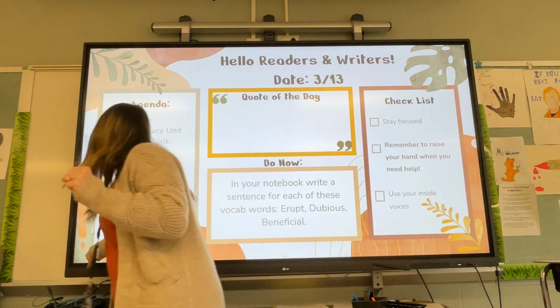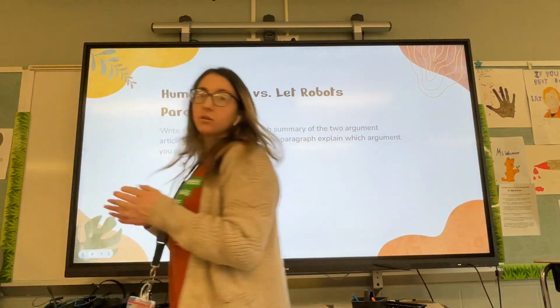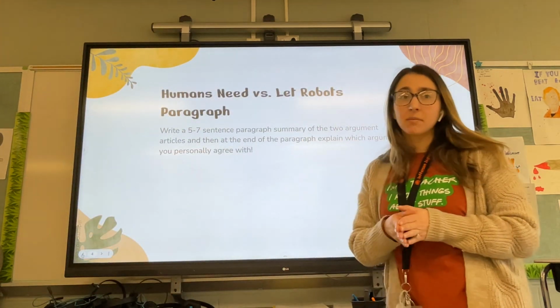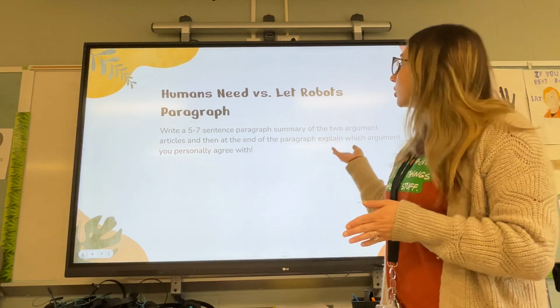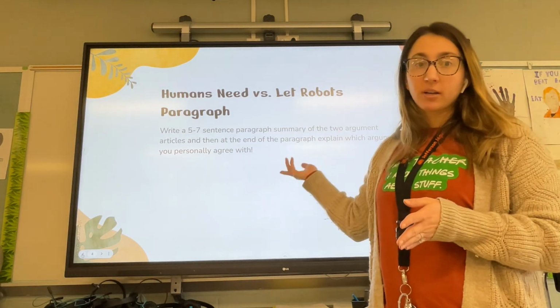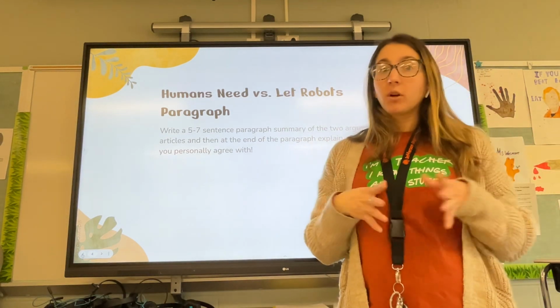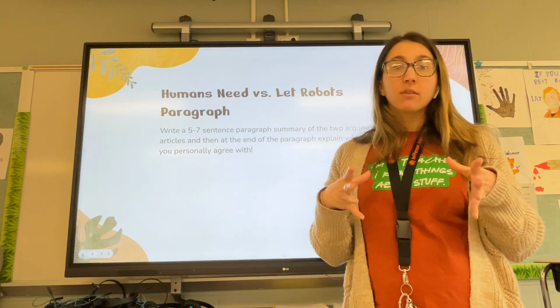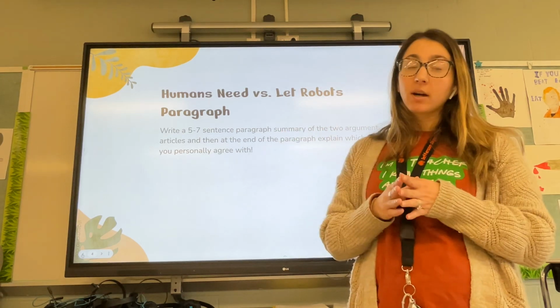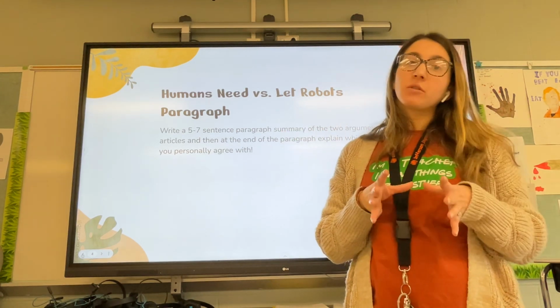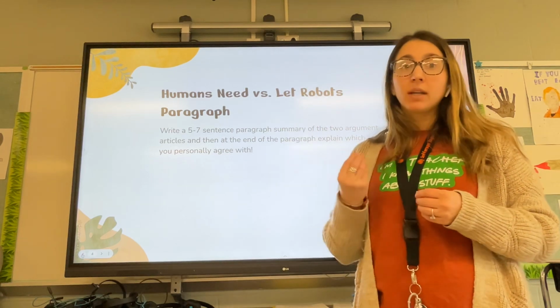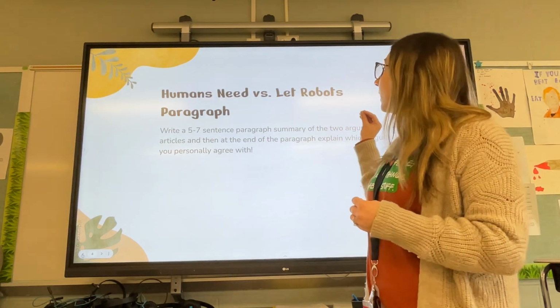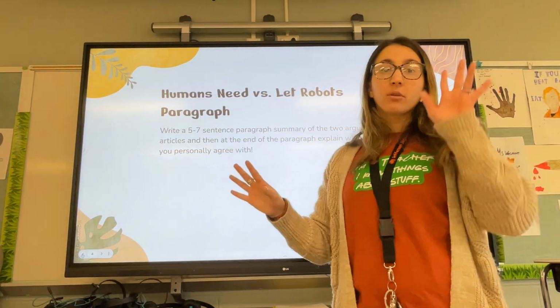Now, the last thing that you guys are going to do, and I mentioned this at the beginning, is write a 5 to 7 sentence paragraph. We already did the work of summarizing a lot of the viewpoints of these articles through the Venn diagram. So you're taking the information from the Venn diagram, putting it into sentences, and talking about both of the thoughts.